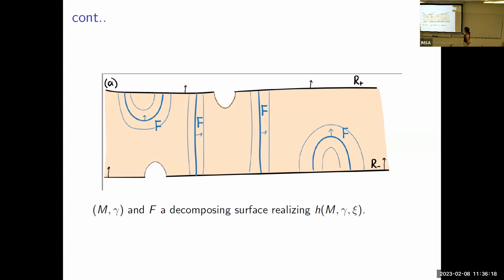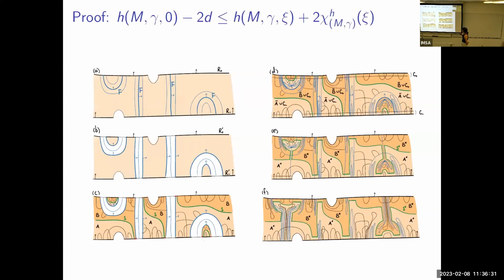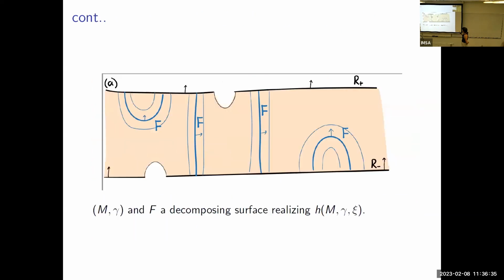We start with our sutured manifold, and we have this decomposing surface that realizes the handle number.